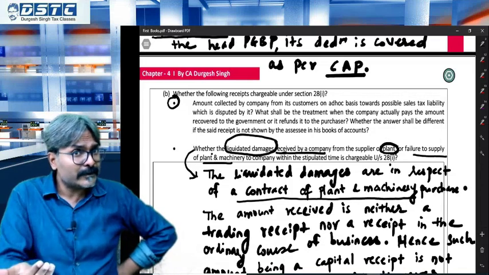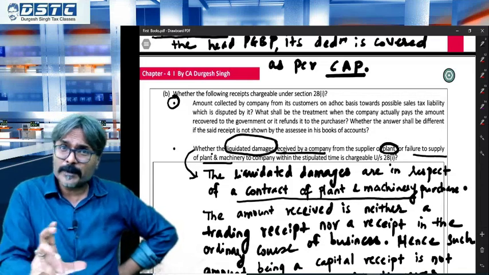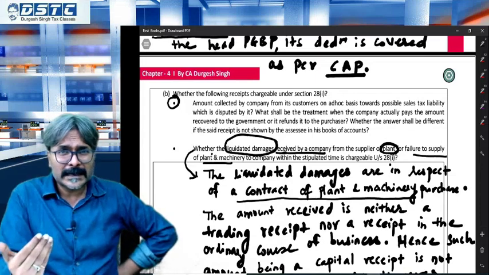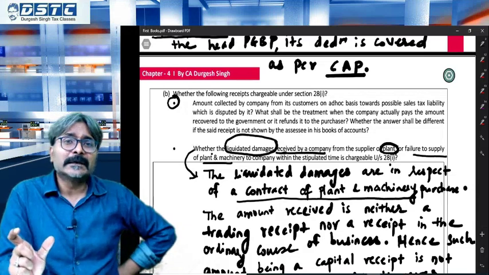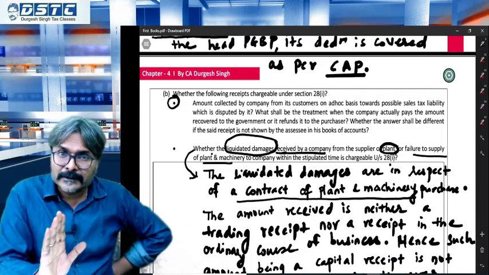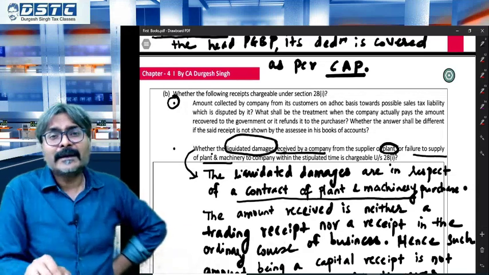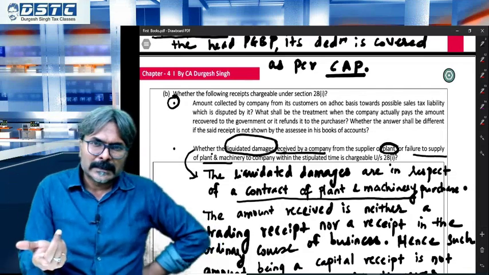You may be aware from your IPCC. Have you read anything like we have to follow the percentage of completion method for recognizing the income? You have not read anything of that sort. Why? Because there is no specific provision.